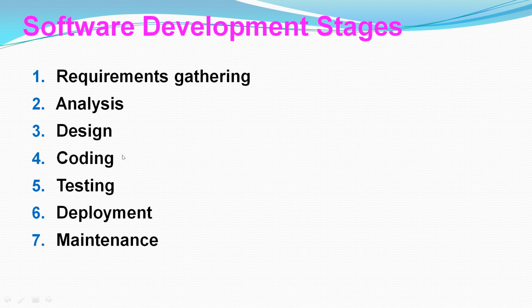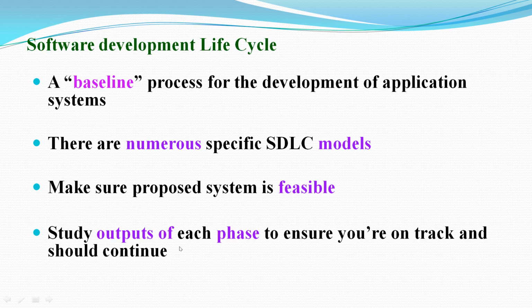At each and every stage, you have to study the outputs. The main reason for analyzing these outputs is to make sure whether we are on the track while designing and developing the application, and whether we have to go forward or not. That will be decided.